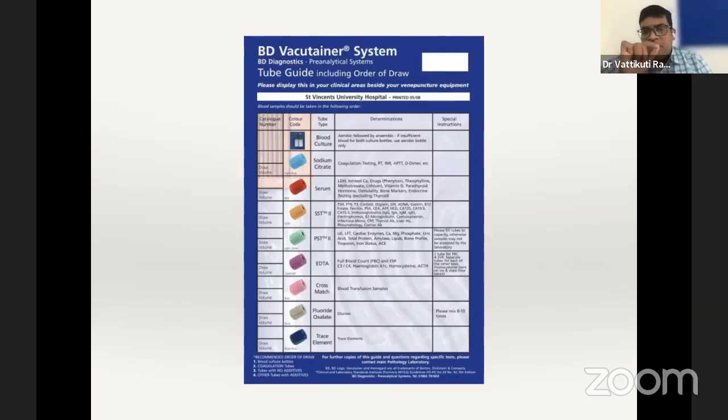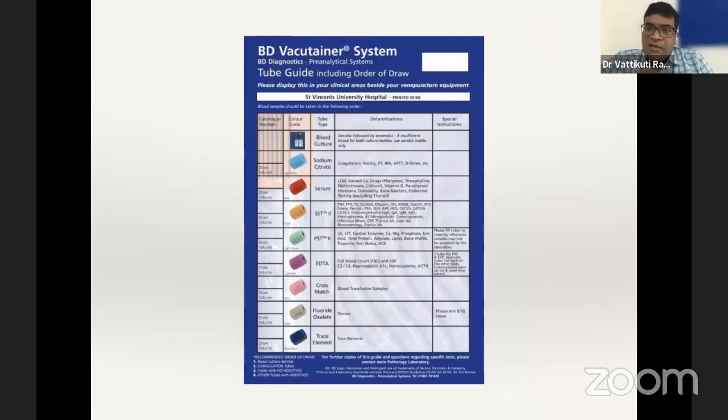If you look at the Accutainer very clearly, there is a line drawn on it. You have to fill to that level. You should not be more than that or less than that, because it neutralizes and you are able to get the exact value. So that is very important when you're talking about the sodium citrate container.